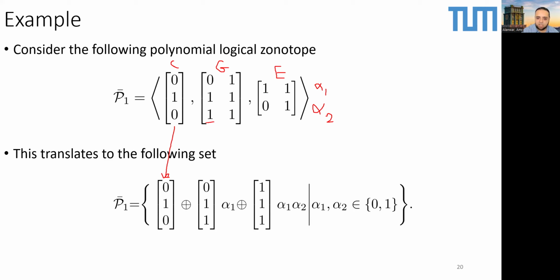So the first generator takes the first vector inside the exponent matrix, which means there is alpha 1 and there is no alpha 2. So this results in 0, 1, 1 ANDed with alpha 1 only. And then 1, 1, 1 ANDed with alpha 1, alpha 2. So this is the polynomial representation of the polynomial logical zonotope. And as you can see, we allow for ANDing between the factors.